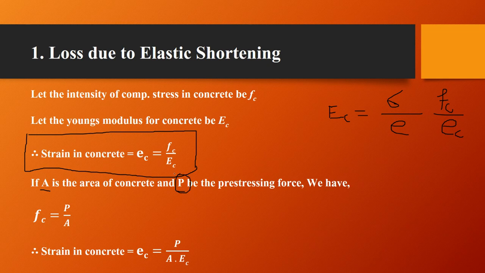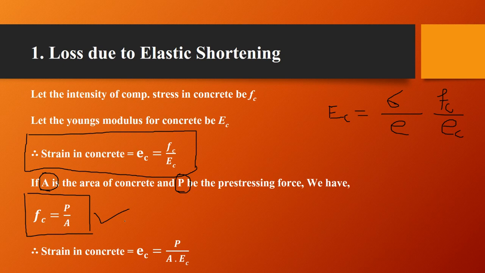By knowing the area of that concrete, we can calculate the actual stress just by using the relation stress is equal to force upon area. So Fc will be equal to P, the pre-stressing force, upon A, the cross-sectional area of that concrete section.